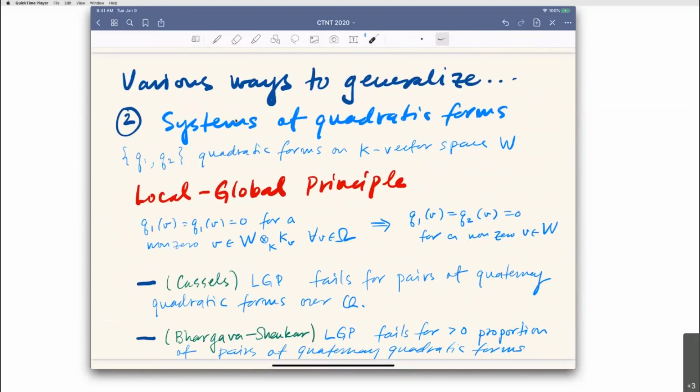Another way to generalize this question is to systems of quadratic forms. You could ask, okay, now I don't just want one quadratic form to have a 0. I want, say, a pair of quadratic forms to have a non-trivial 0.